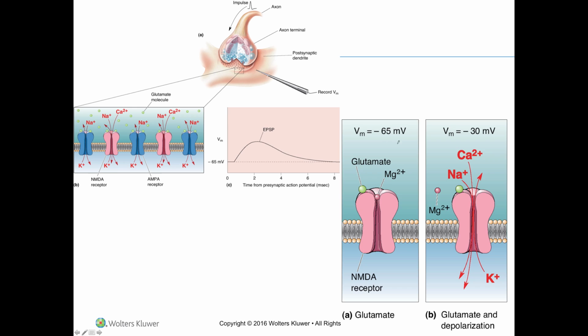At resting state, negative 65 millivolts, you have magnesium, which is blocking the pore. So even if glutamate binds right here, nothing is happening because this magnesium is literally clogging the pore. Now, if you depolarize the membrane sufficiently, this magnesium ion will pop off, glutamate is bound, and this allows sodium and calcium to flow through.